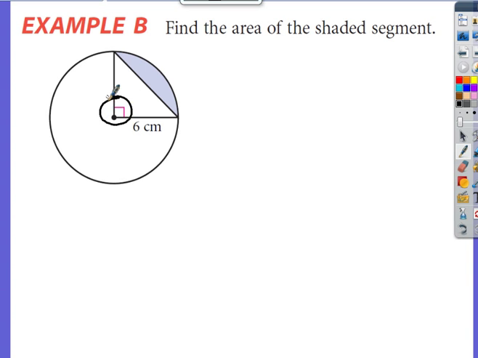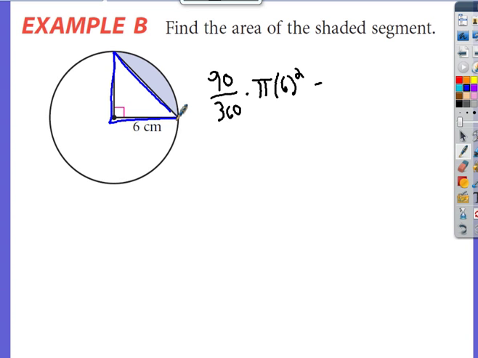So we do 90 divided by 360 times the area, where the radius is 6 centimeters, so times pi 6 squared, and we subtract the area of this triangle, because we're trying to remove this triangle from the area of the sector. Well, the area of the triangle is 1/2 base, which is 6, and height, which is 6. And there's our equation. So now we just plug and chug.